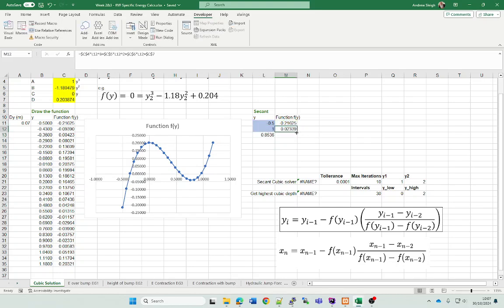Let's just pull the function down. Nope. And we're trying to get that towards 0. Okay, so between, well, near 0.1, 0.5, minus 0.5 and 1, we know that there's 3 solutions. Secant method has come up with this 0.95. So we can put in our values for y2.